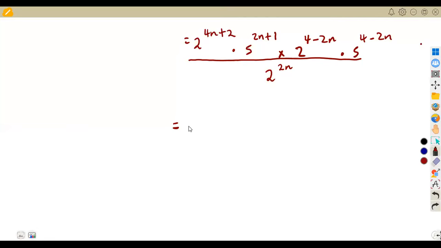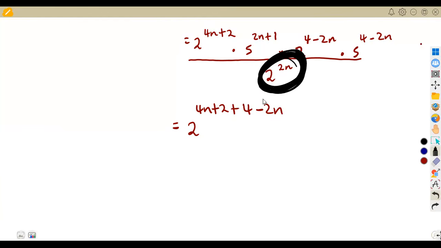We are going to add their exponents. 2 to the exponent of 4n plus 2. We add the exponent here on 2, which is plus 4 minus 2n. But there is another 2 here that is in the denominator, which is dividing, because everything now is dividing. So what do we do if we are dividing? We subtract the exponent. So we are going to subtract 2n.